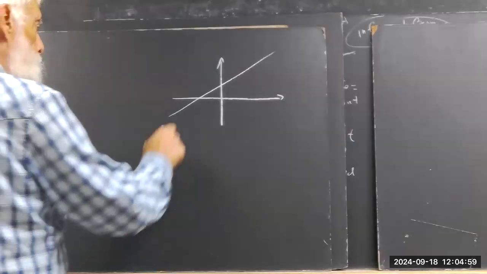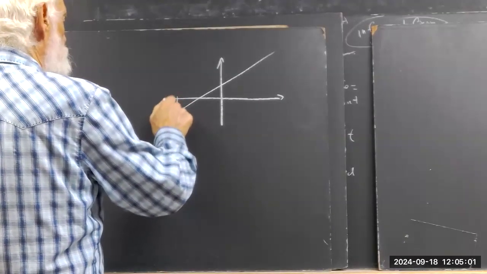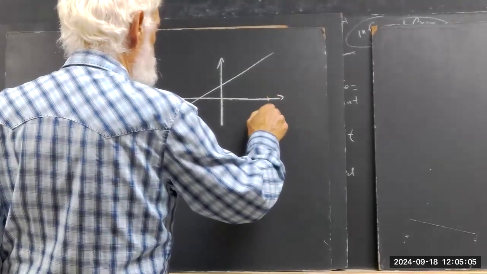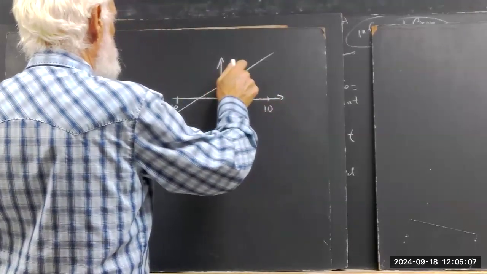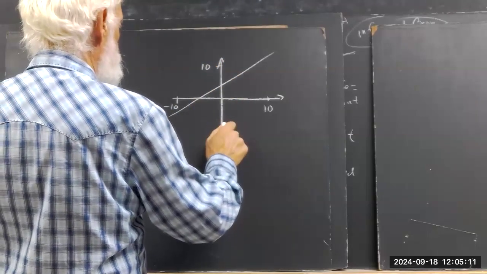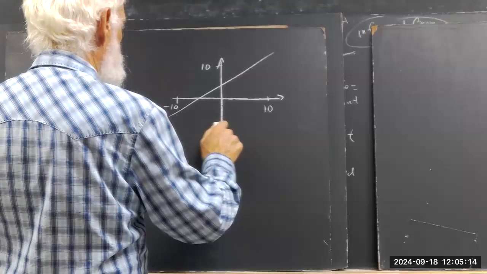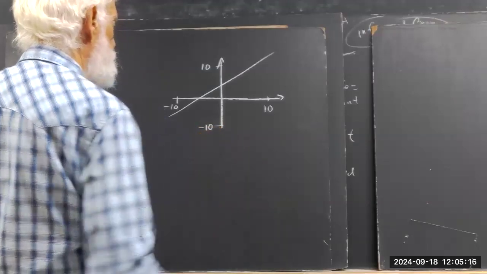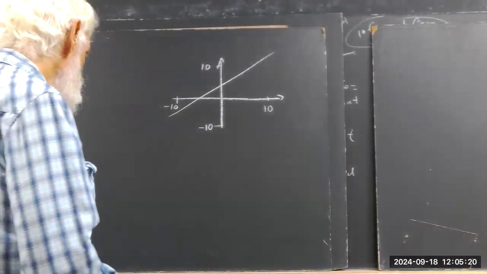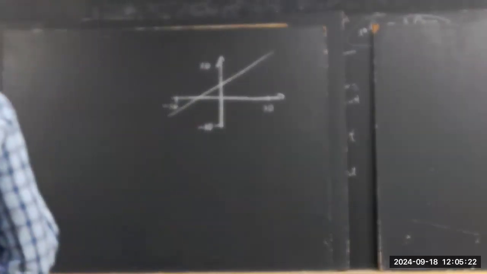Here's a straight line. Going to graph -10 to 10. Your line doesn't have to look exactly like mine, but make it sort of reasonably similar. Best you can. Now there are 2 really important points on this line.